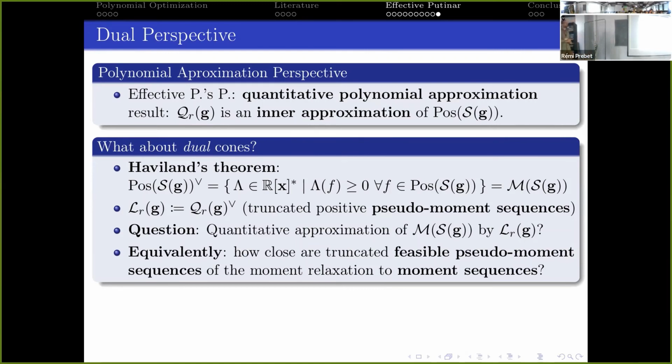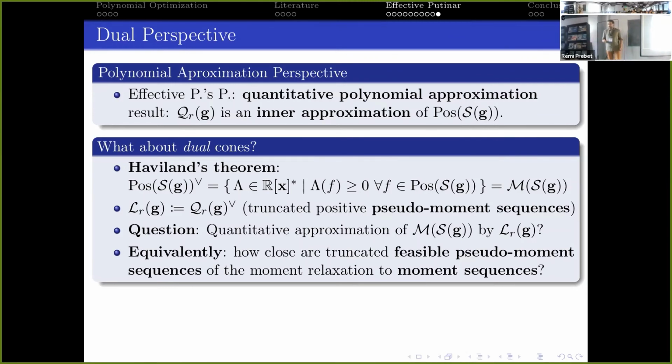if we identify measures with the linear functionals that they induce on polynomials, then this is equal to the convex cone of Borel measures supported on the same semi-algebraic set S. And now we can dualize also our truncated quadratic modules, and we get the truncated positive linear functionals, or truncated positive pseudo-moment sequences.